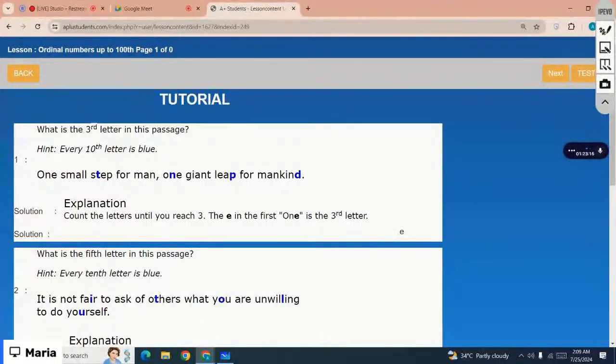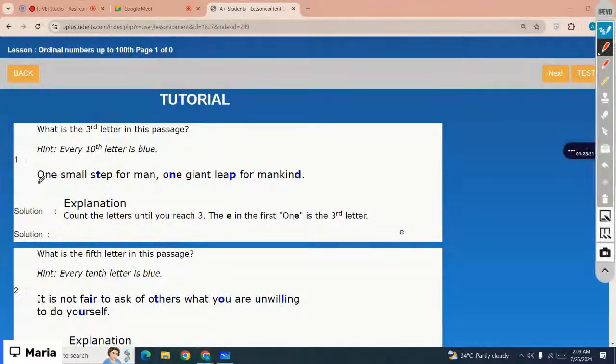Every 10th letter is blue. You have to find the third letter, right? So start counting the letters: one, two, three. So E is at the third position. The correct option is E.